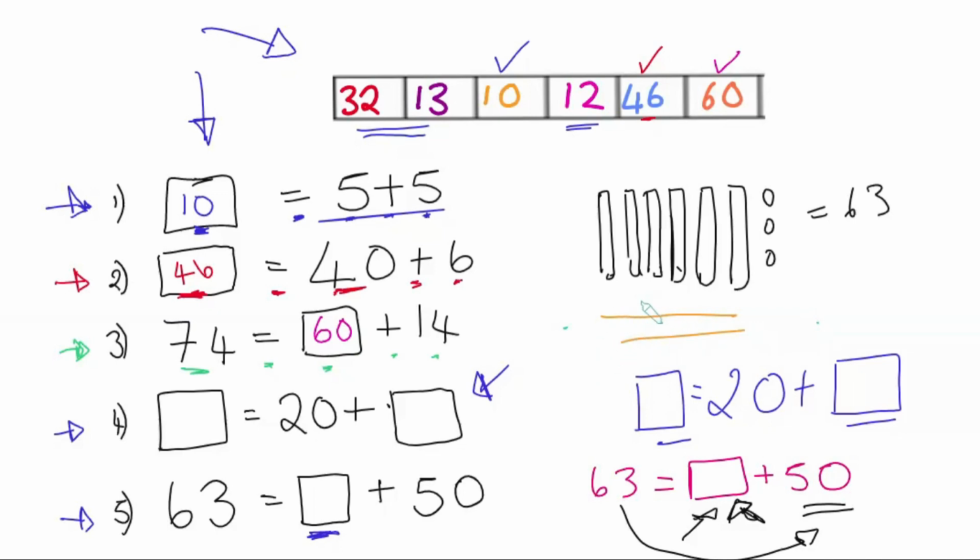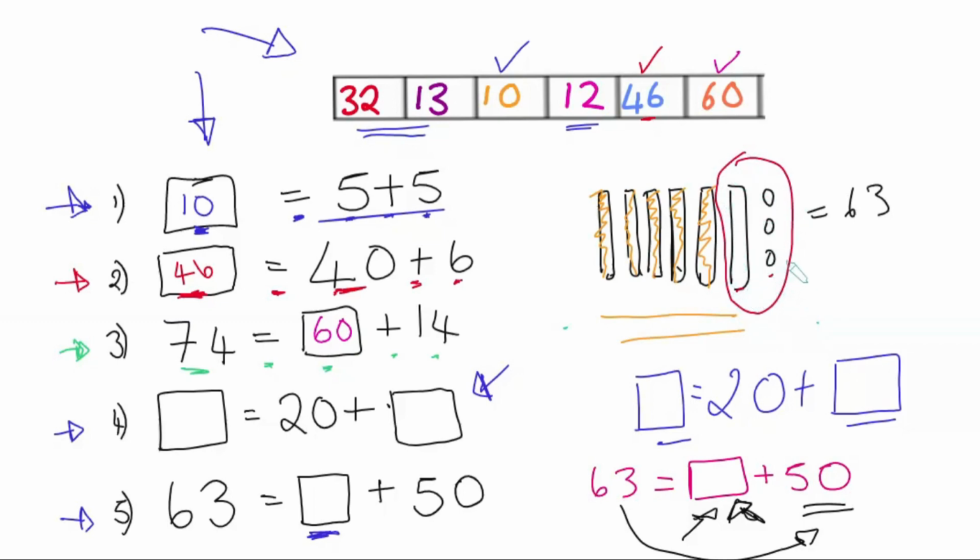So we're going to take away 50 and see how many we have left. Let's take away 50. Counting in your tens, 10, 20, 30, 40, 50. We've taken away 50. Now the question is, how many do we have left? Remember, these are our tens, these are our ones.